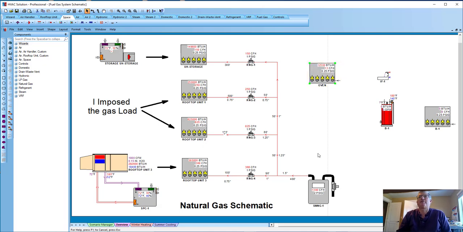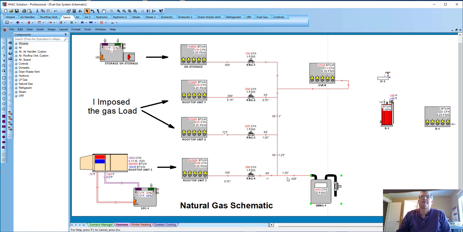So here now, my fuel gas piping, you'll see the CFH down here, all added up, 1,390, based on the loads in the system. If I come over here and hook this in the system there, you'll see that increase down there. Right now I'm 2 PSI gas meter.